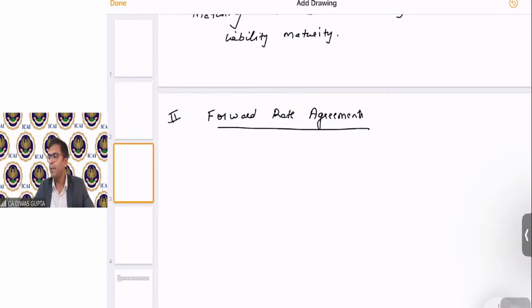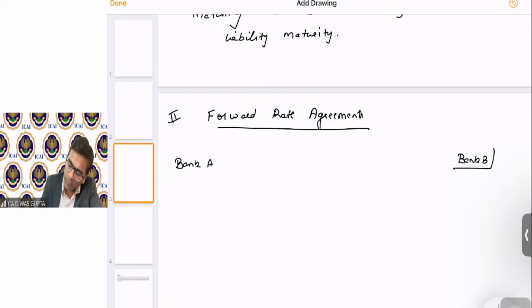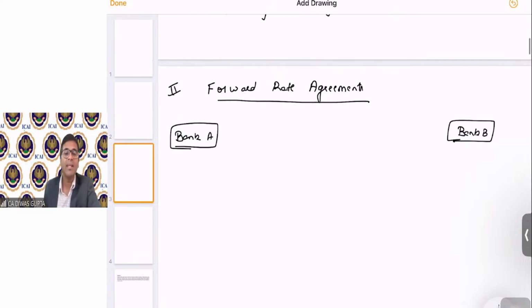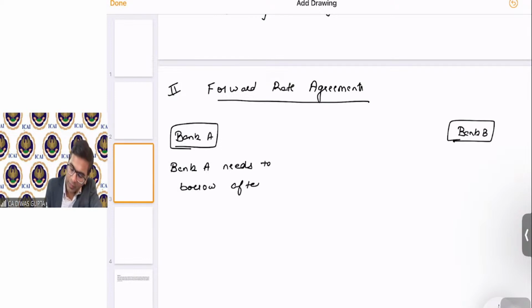Now let's take an example of two banks, Bank A and Bank B. There are two banks in the same market. Now what does Bank A need? Bank A needs to borrow after 1 month.